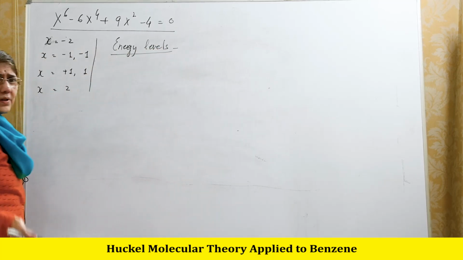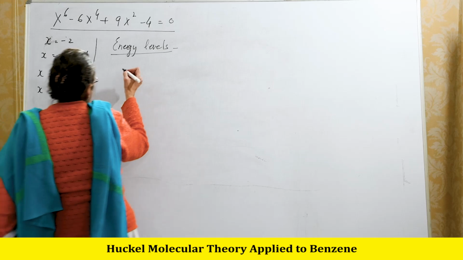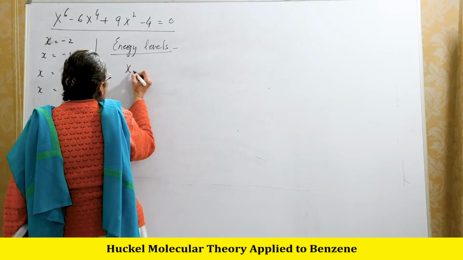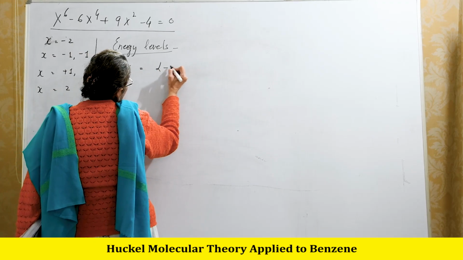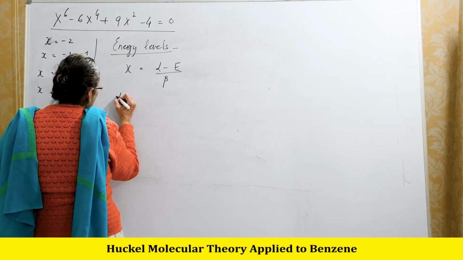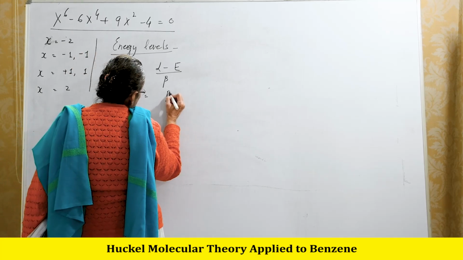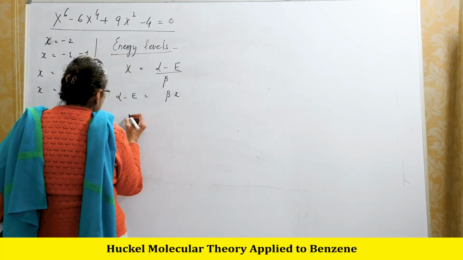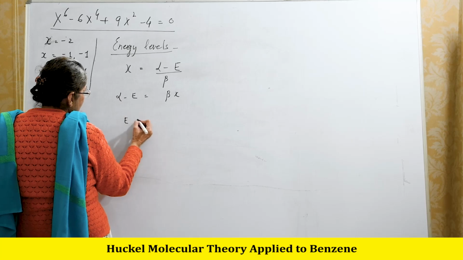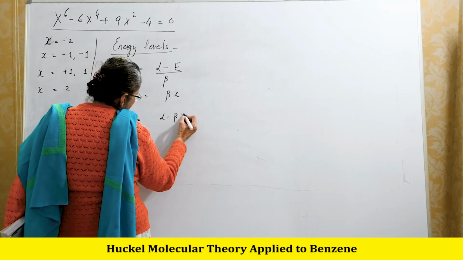This energy level I will calculate again for, suppose, -2. Earlier we know that x is equal to alpha minus eta upon beta. Therefore alpha minus e is equal to beta x. Therefore e is equal to alpha minus beta x.